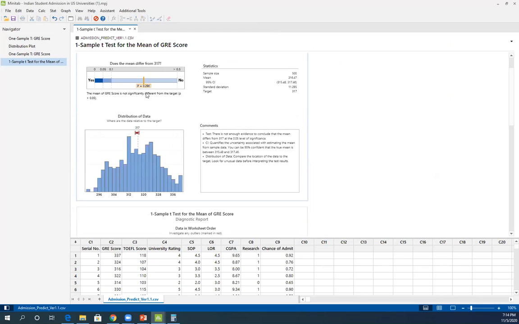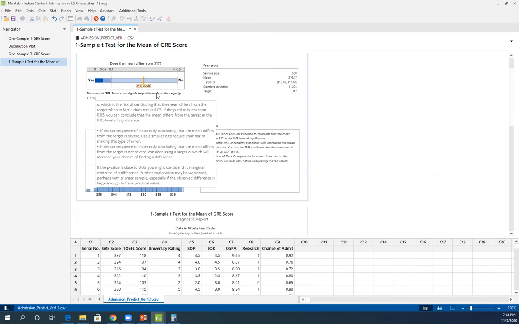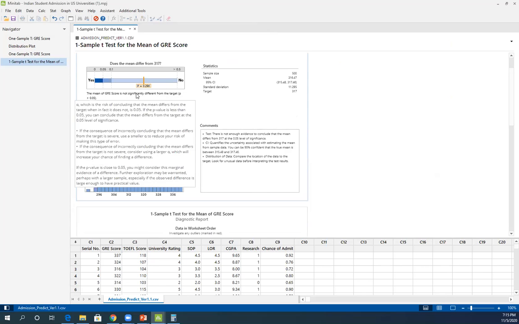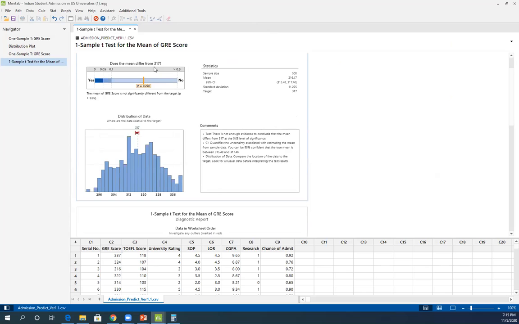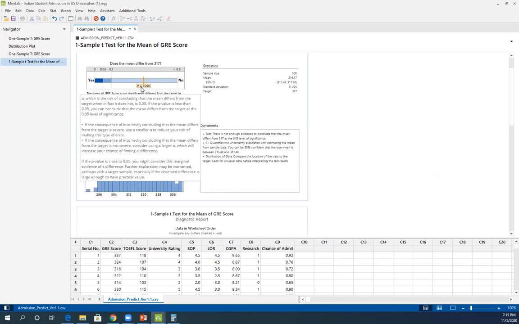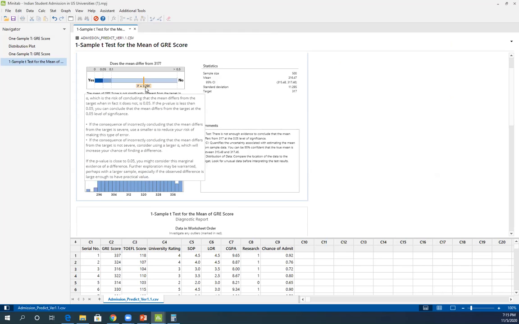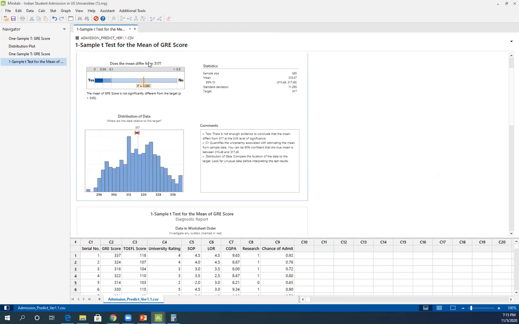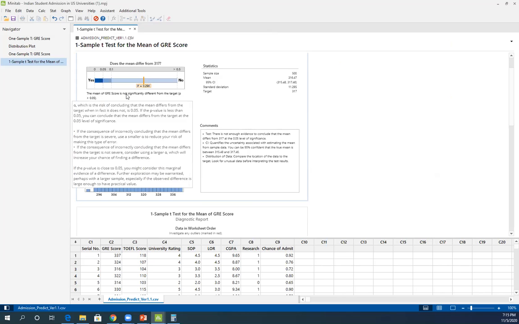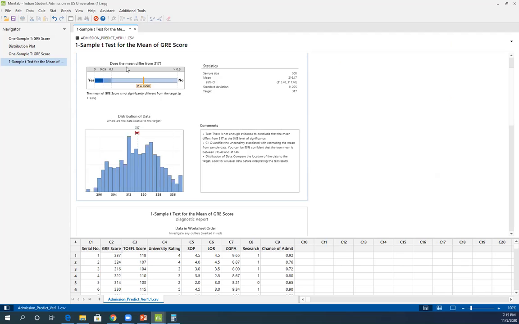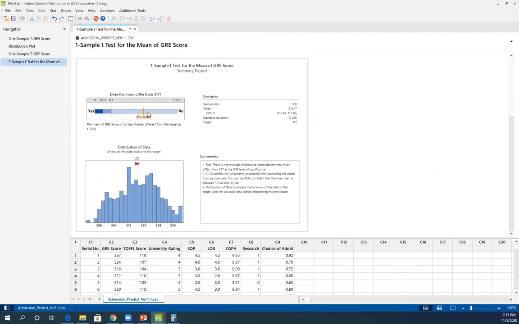That means the null hypothesis is accepted at the 5% level of significance, because the p-value is greater than the alpha value. So 5% and this is 29%. So does the mean differ? No, the mean of GRE score is not significantly different. So this null hypothesis is accepted here. So this is also a way to do that.